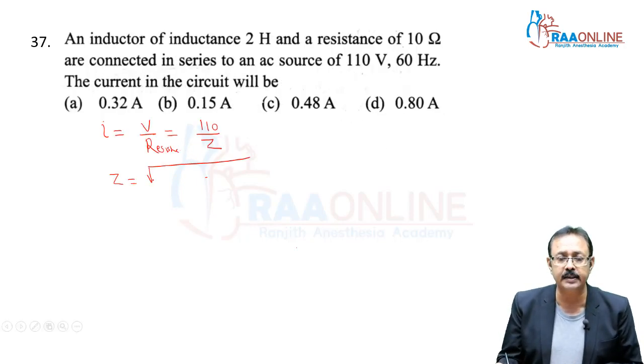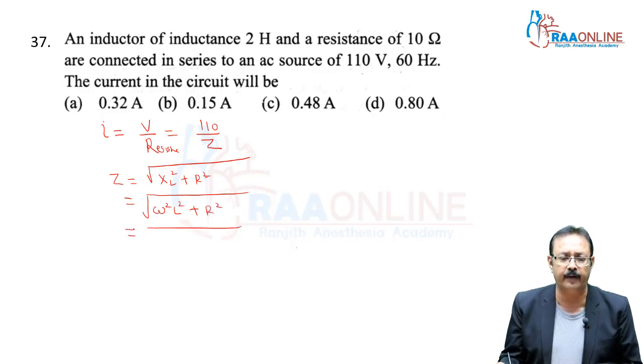So impedance is under root XL square plus R square. You know that what is XL? Omega L. So under root omega square L square plus R square. What is omega? 2 pi F. So we are getting 4 pi square F square L square plus R square.